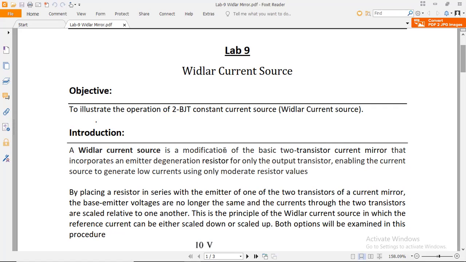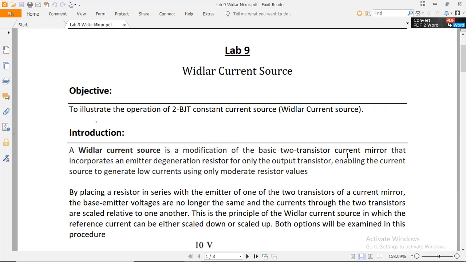Okay, after the objective comes the introduction of this lab. A Widlar current source is a modification of the basic two transistor, and these transistors are BJT, not MOSFET. Categorically, we conduct labs on BJT transistors as well as on MOSFET transistors.